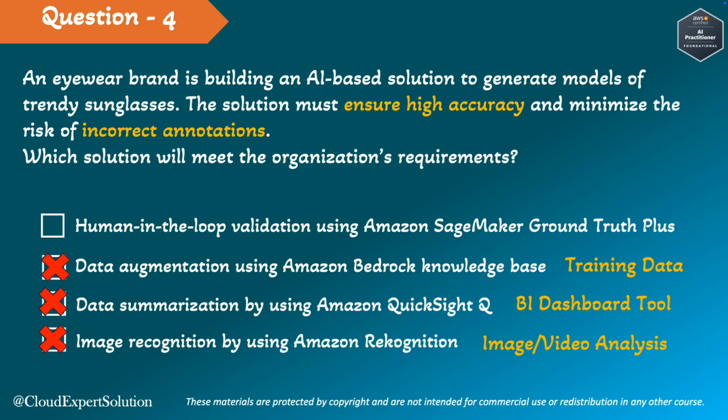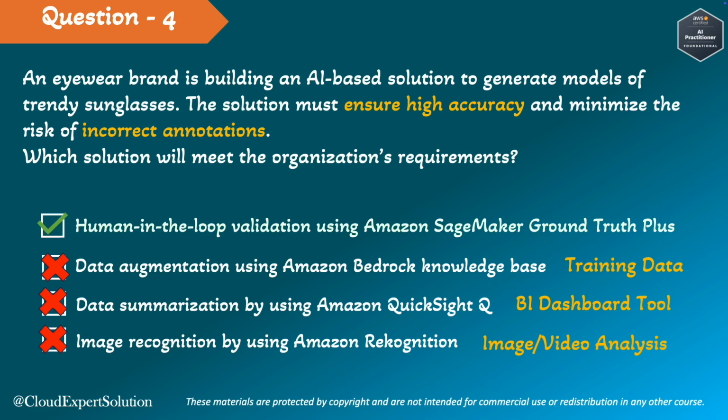The last option is human-in-the-loop validation using Amazon SageMaker Ground Truth Plus. This solution involves human annotators in the loop to validate and correct the annotations made by the machine learning model. This approach ensures high accuracy and minimizes the risk of incorrect annotations by leveraging human expertise to verify and refine the model's output.